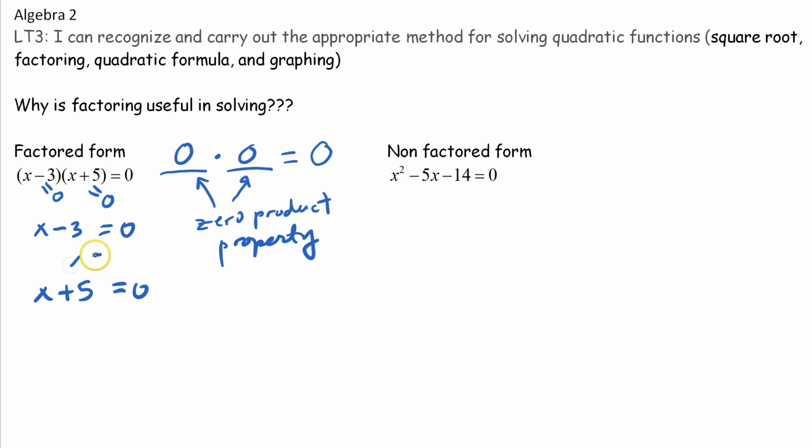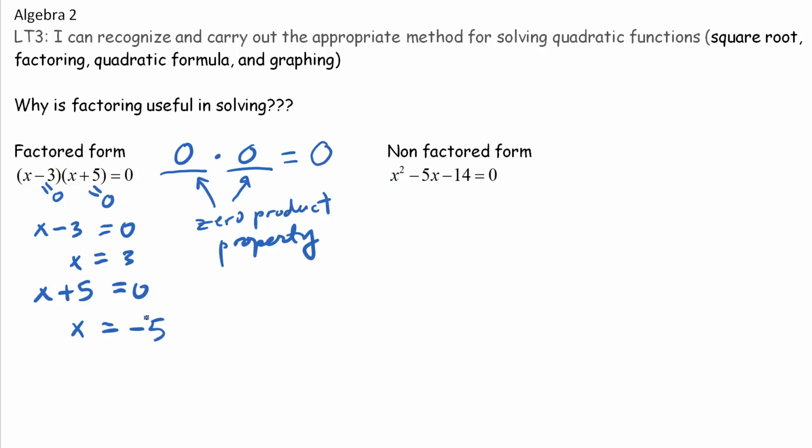And in this case, x would equal 3, and the next one, x would equal negative 5. So if we have either one of those inputs, we could check by substituting it back into the equation and you would get a product that's equal to 0, and those are your solutions.